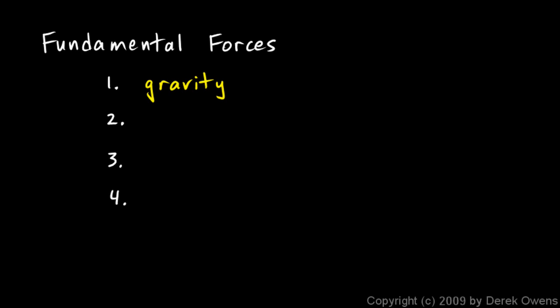Another force is the force of electromagnetism. That's a combination of electrostatic and magnetic forces together. Physicists treat those mathematically as one force, even though it's often convenient to separate them into electrical forces and magnetic forces. It's one set of theories that describes the forces of electromagnetism.